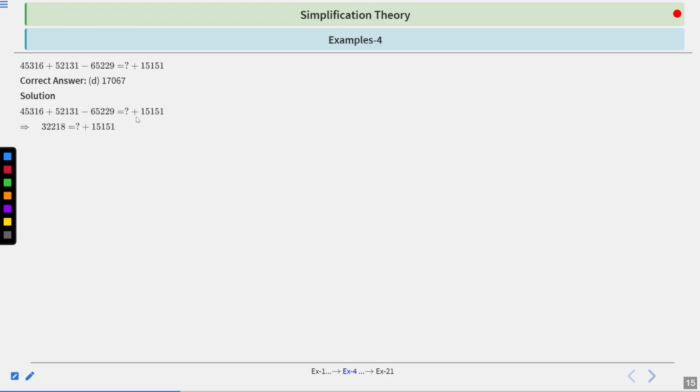And on the right hand side, there is a question mark plus 15,151. So when we change the side, the sign will change. So we get 32,218 minus 15,151. When we solve it, we get 17,067. So D is the correct answer.